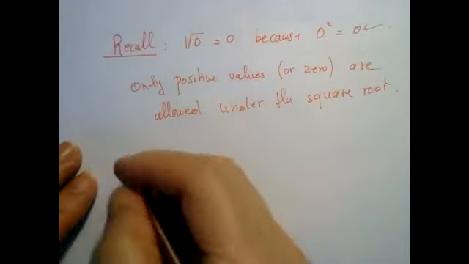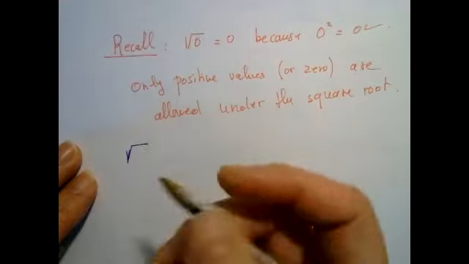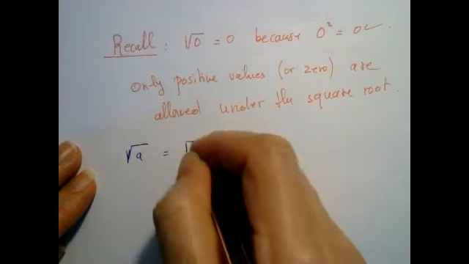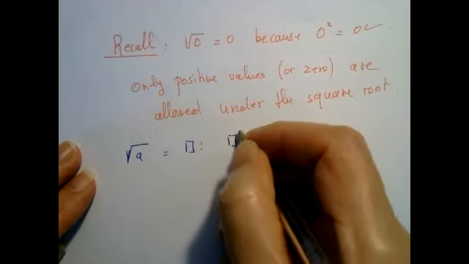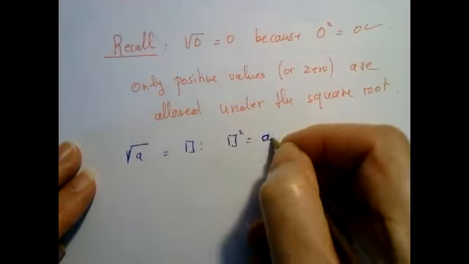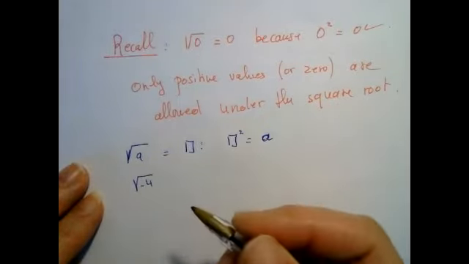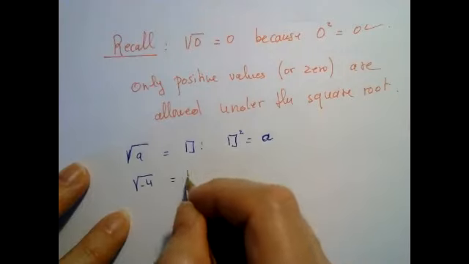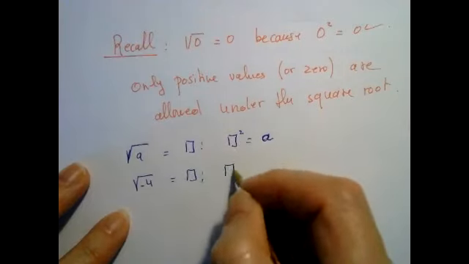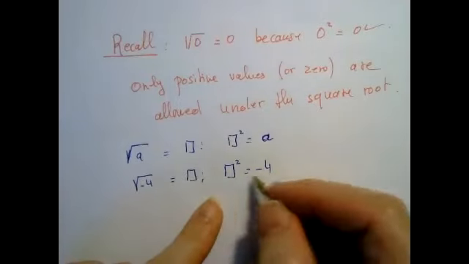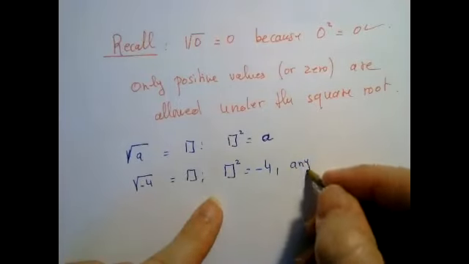And this is because the square root is basically a number such that when you square it, you get what's under the square root. So the square root of -4, why is it not allowed? It should be a number such that when you square it, you get -4. But any number squared is positive.